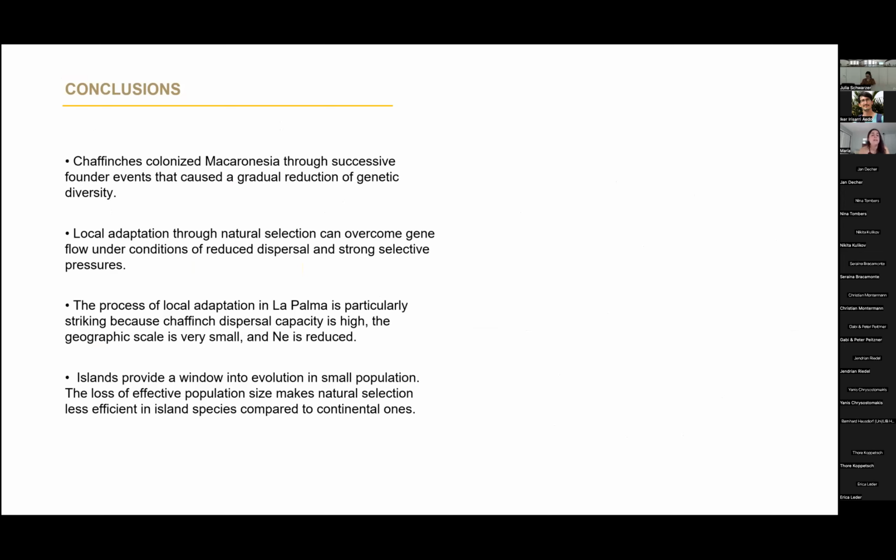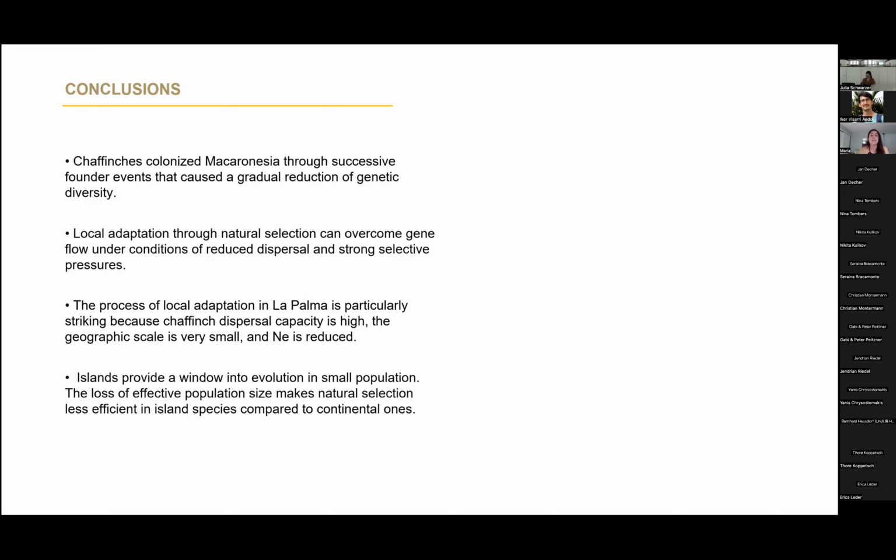To conclude, the common chaffinches colonized the Macaronesian region through successive founder events that cause this gradual reduction in genetic diversity and effective population size. We have seen that local adaptation through natural selection can overcome gene flow under conditions of reduced dispersal and strong selective pressures.